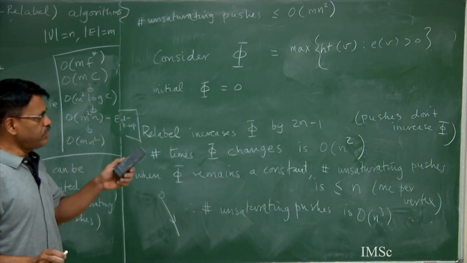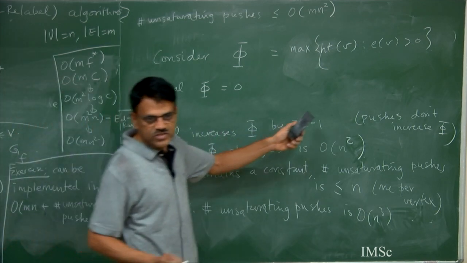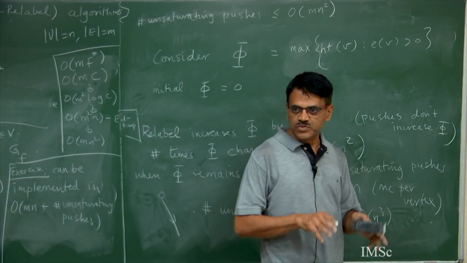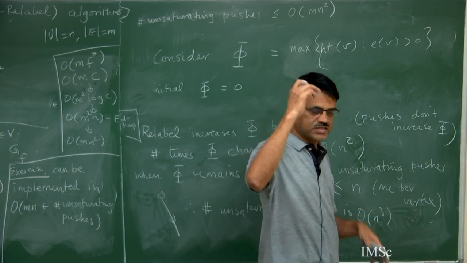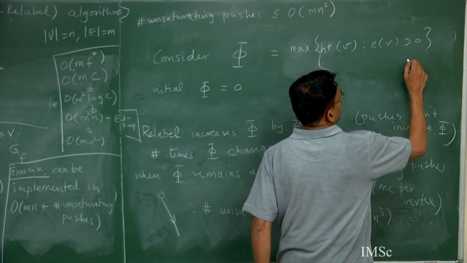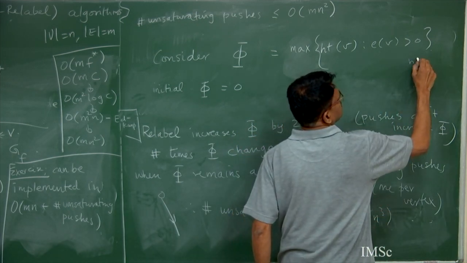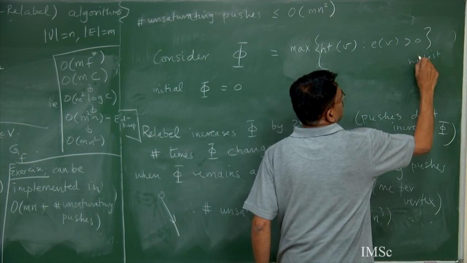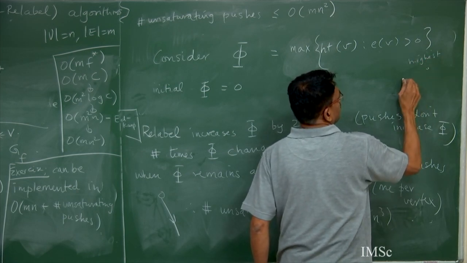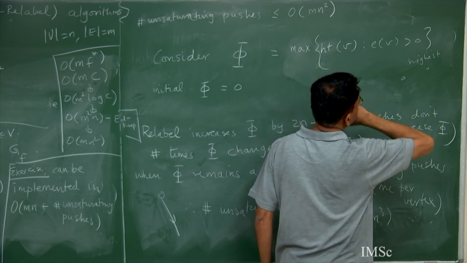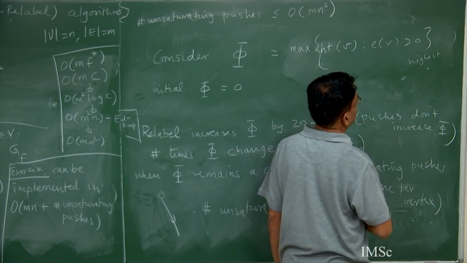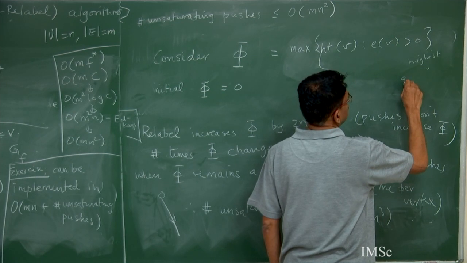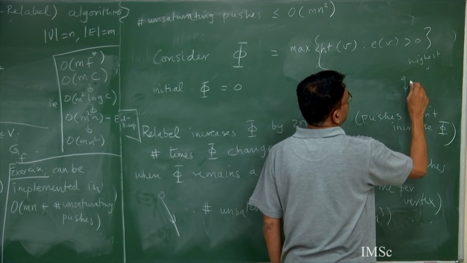To claim that pushes don't increase phi, I am using the fact that I am always pushing from the highest vertex, right? Suppose here is the vertex whose height is the highest, but I am pushing this one, which is not the highest.